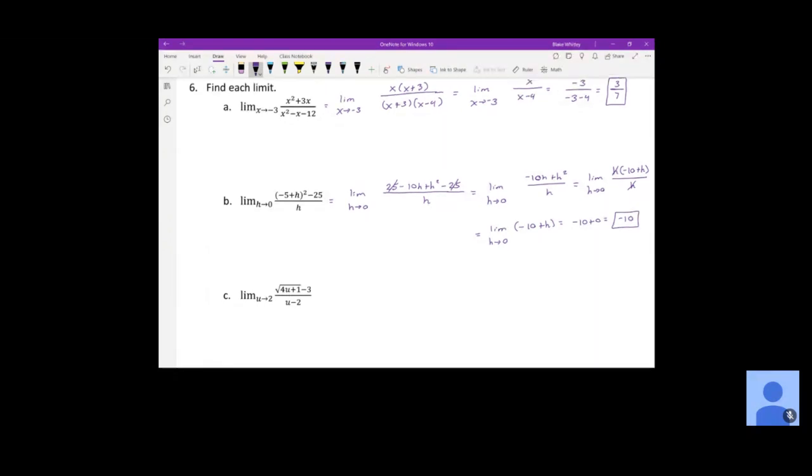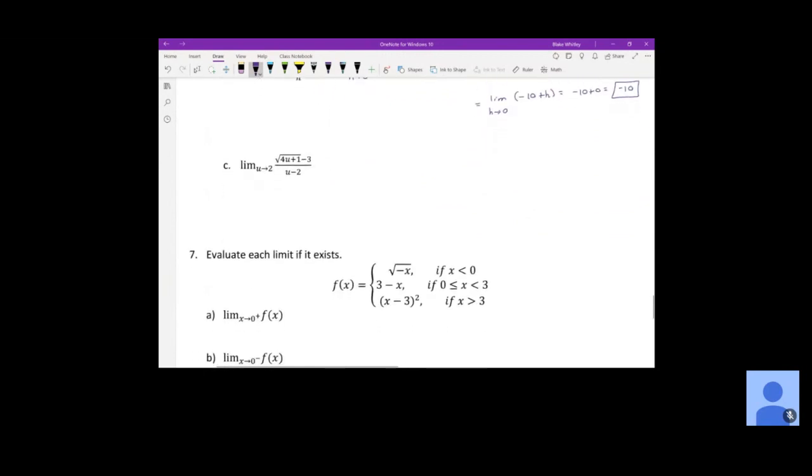All right, part C. So now we've got the limit as u approaches 2 of this algebraic function here, because we have a square root in the numerator. So what are we going to have to do to calculate this limit?